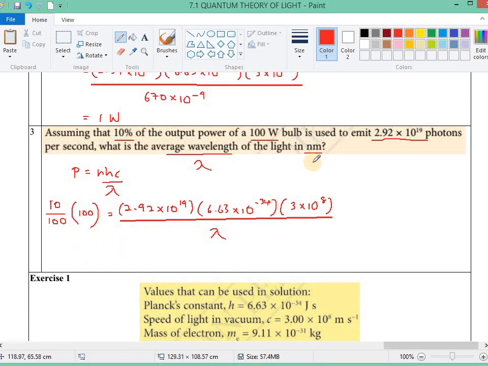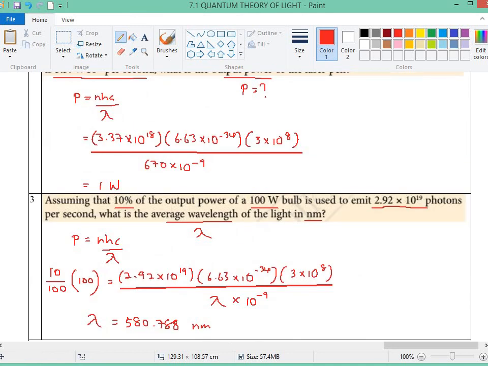Because they want the wavelength in nanometer, we put lambda times 10 to the power of negative 9, because 10 to the power of negative 9 is nano. So later we can straight away get it in nanometer. The wavelength will be 580.788 nanometer. Okay, so this is it for 7.1 quantum theory of light.